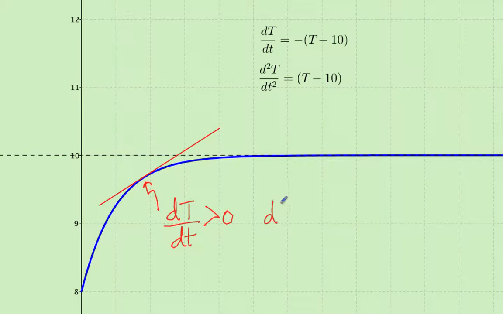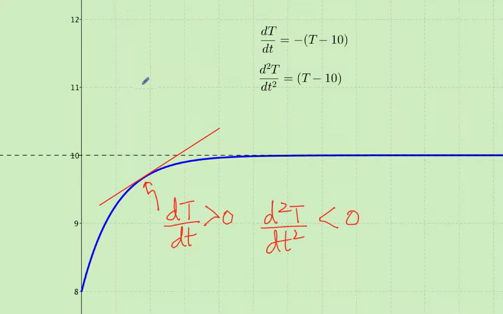So d²T/dt², that is to say, the rate of change of the slope of this curve is negative. And of course, you can see that from here as well, because if T is less than 10, dT/dt will be positive, just as you can see graphically here. And d²T/dt² is going to be negative because T is less than 10.